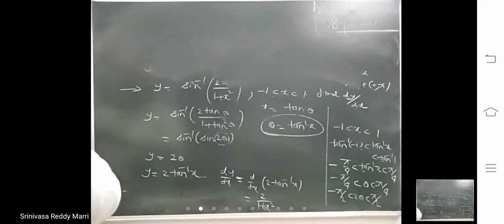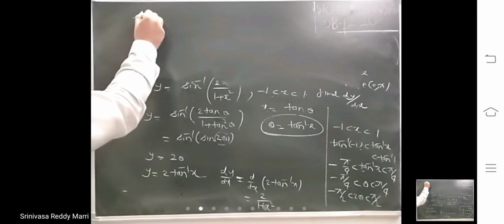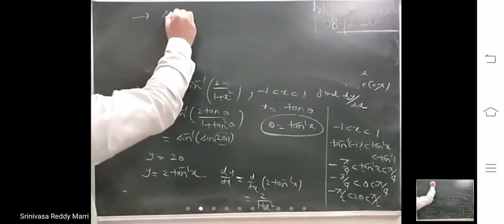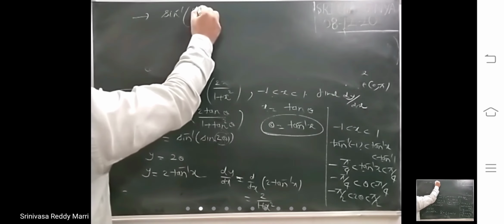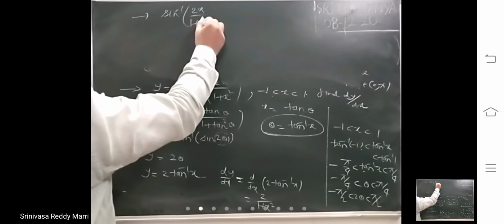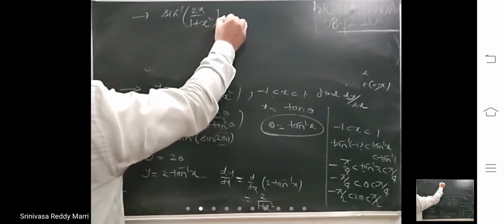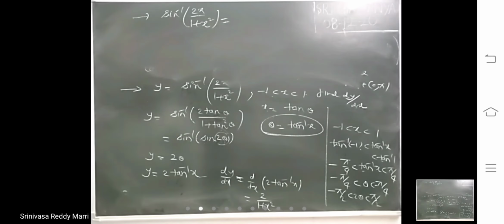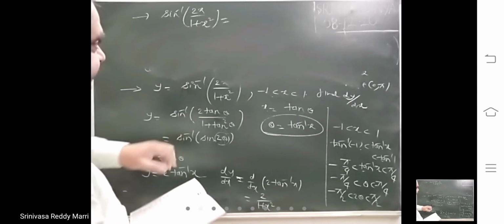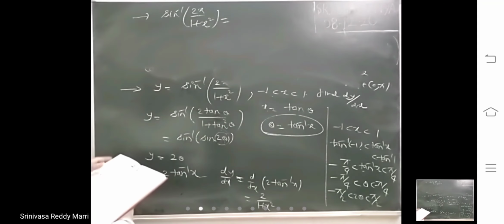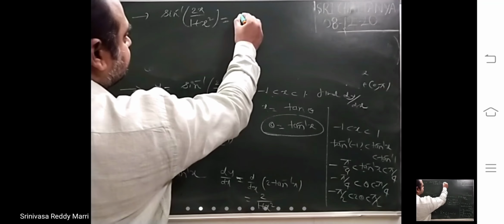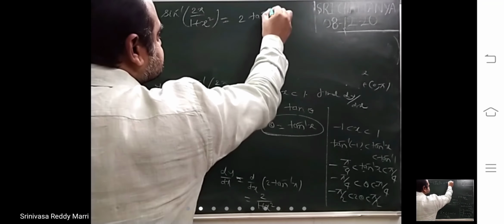Look at next. We have some formula. Note down this formula. Whenever you get these terms, you have to write: sine inverse of 2x by 1 plus x square, not derivative, function, equal to 2 tan inverse x.